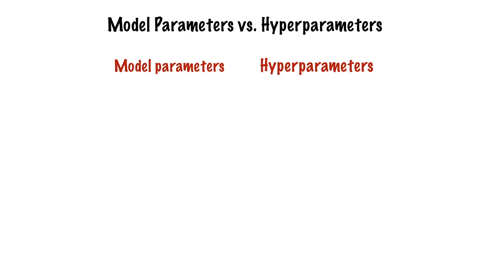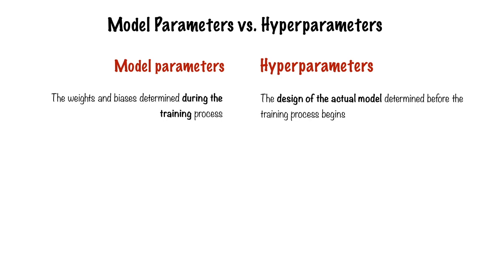In order to make it clear that hyperparameters of a model are different from model parameters, let's understand the differences between the two so that you never get them mixed up. This is a common thing to happen when you first start off with machine learning. The model parameters are basically the weights and biases that are determined during the training process. The hyperparameters refer to the design of the model.